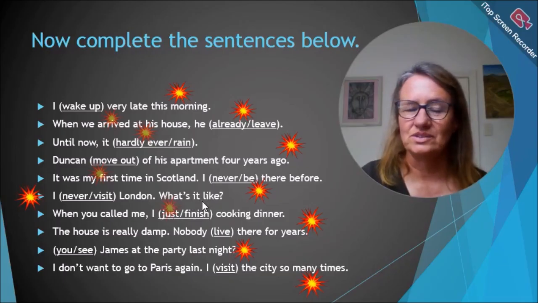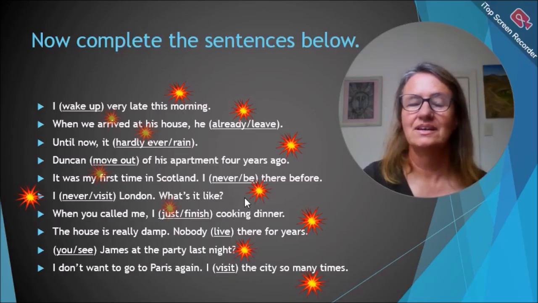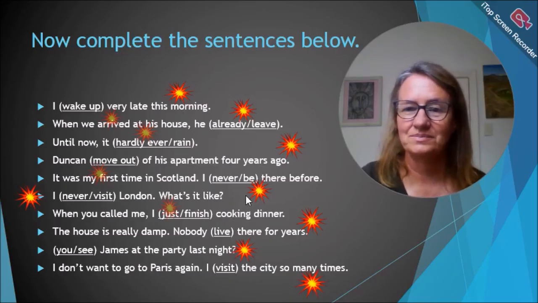It's saying present. So our tense here is going to be, I have never visited London. What's it like? It means in my life from the past until now, what is it like? Present. I have never visited London.